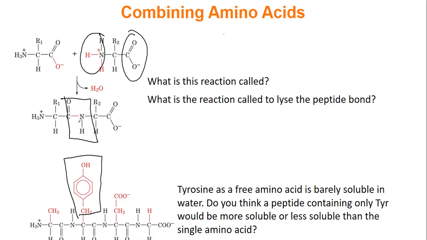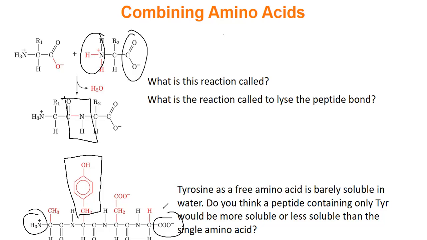You're still polar, but you're no longer charged. So if I have multiple tyrosines, I still only have one charged positive terminus and one charged negative terminus. So by combining amino acids, you are losing charge.